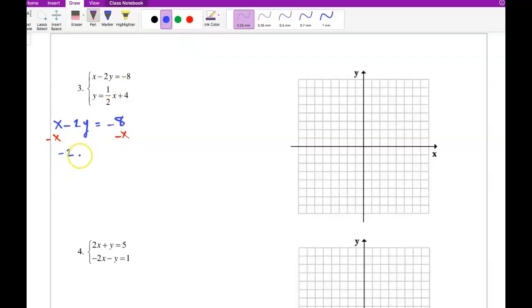After that, divide by negative 2. y is equal to x divided by 2 plus 4. What I have here is the coefficient of x is 1 divided by 2.